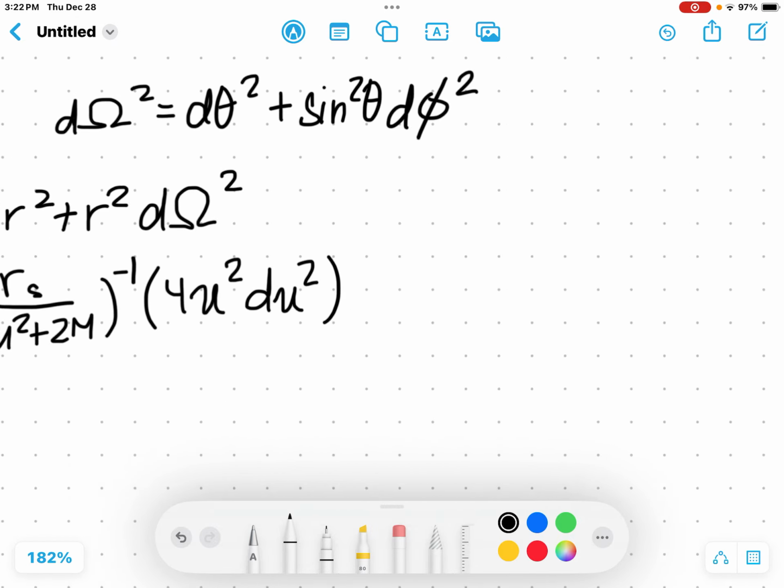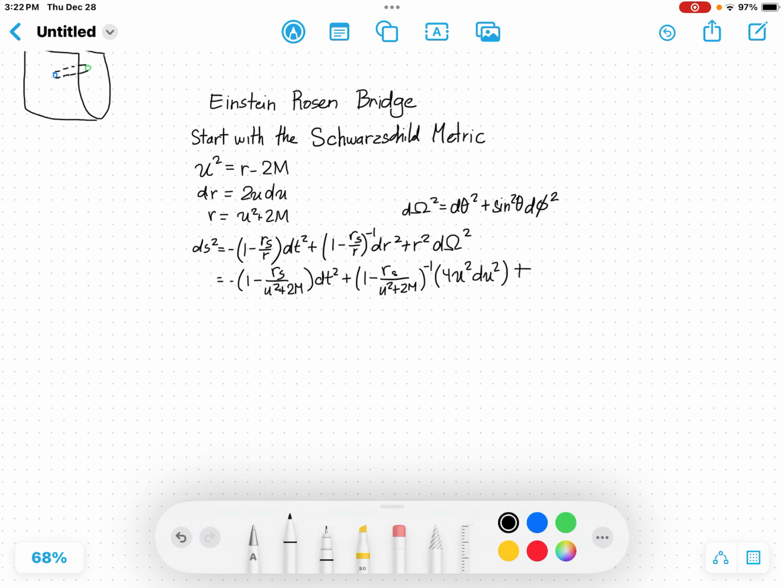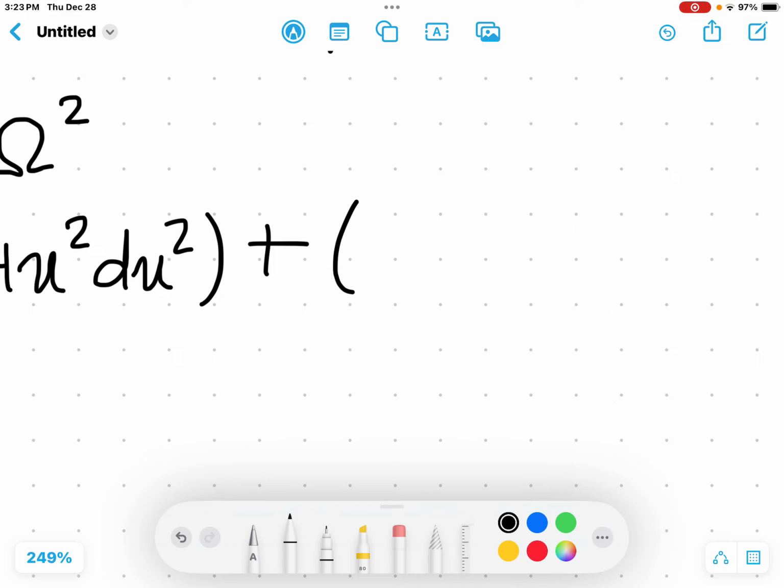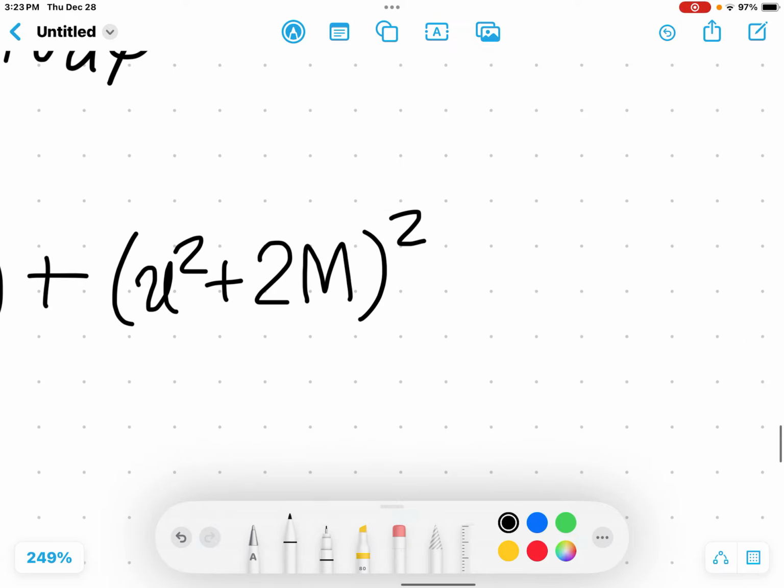And then plus, well, r now is u squared plus 2m, so (u squared plus 2m) squared d omega squared.